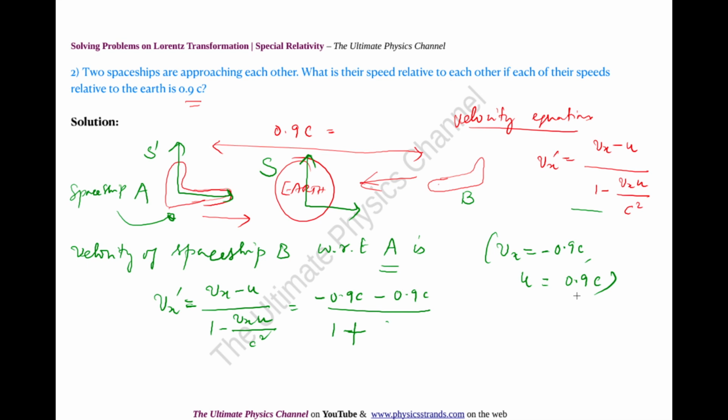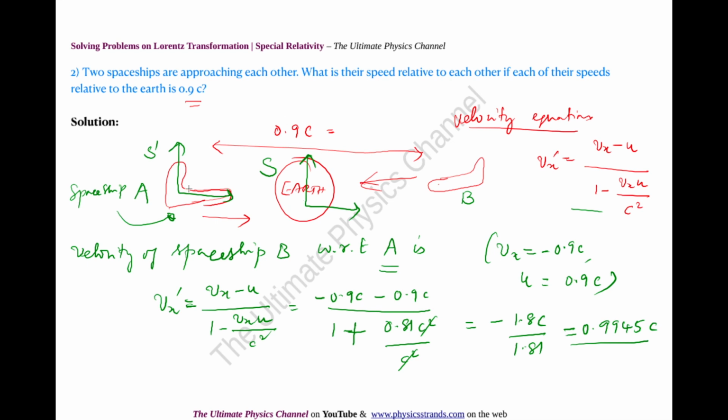In the numerator, 0.9 times 0.9 is 0.81 c squared over c squared, so that cancels, and we have minus 1.8 c over 1.81. That turns out to be 0.9945 c.